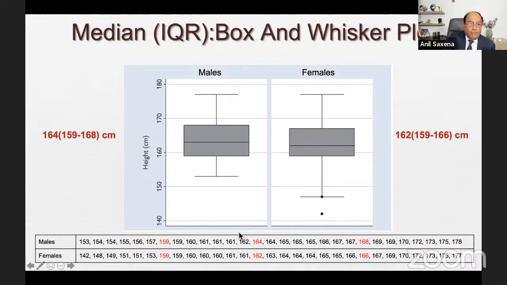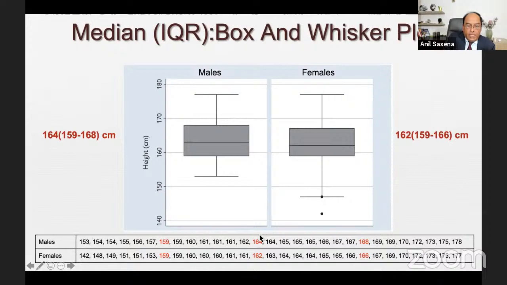This may be the cholesterol level, or actually this is height. It's a height in centimeters, and there are a certain number of subjects, both males and females, and we have arranged the height from the lowest number to the highest number. The lowest number is 153 for the males and the highest number is 178 here, all arranged in a sequence from lowest to highest, in a manner that the percentile value can be calculated.